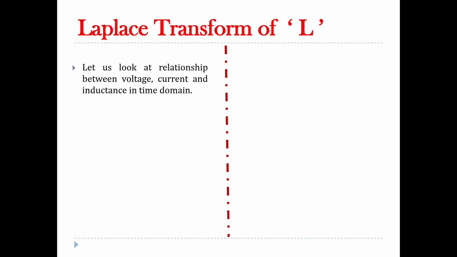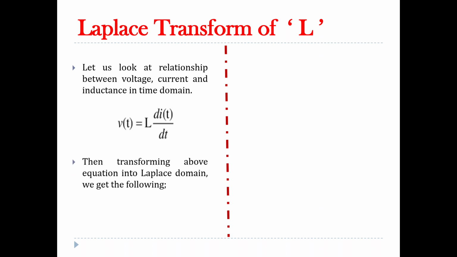Now for the Laplace transform of inductance L, let us look at the relationship between the voltage, current and inductance in the time domain, which can be written as v(t) = L di(t)/dt. Again, transforming the above equation into the Laplace domain, we get V(s) = sL I(s).